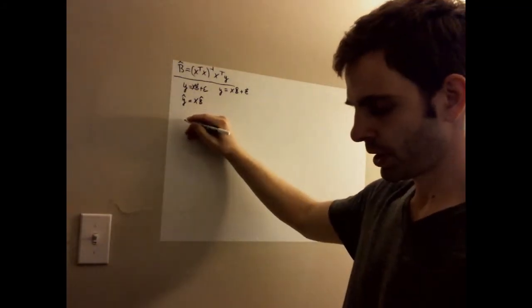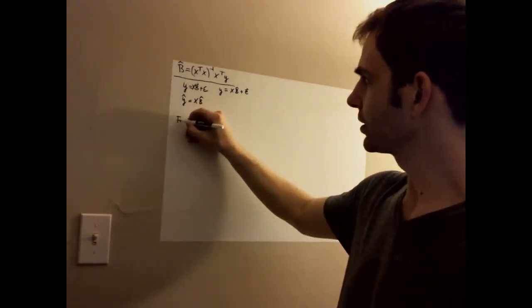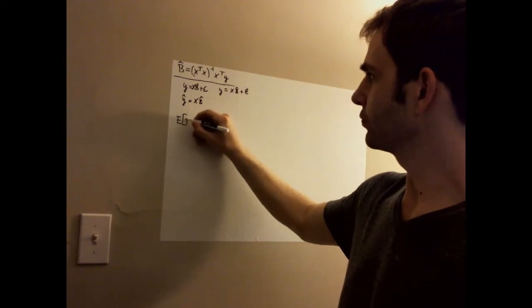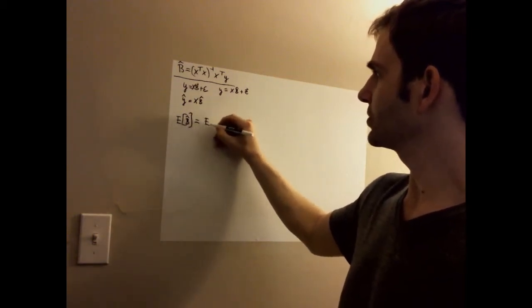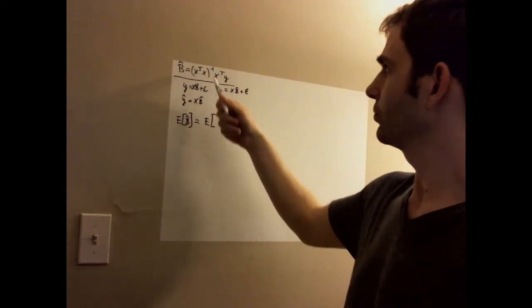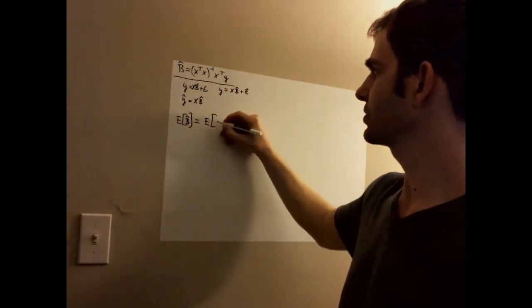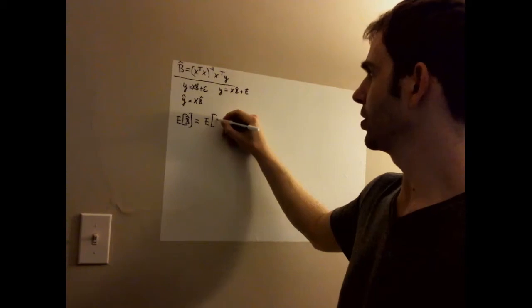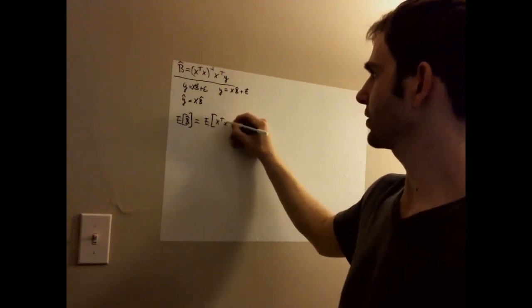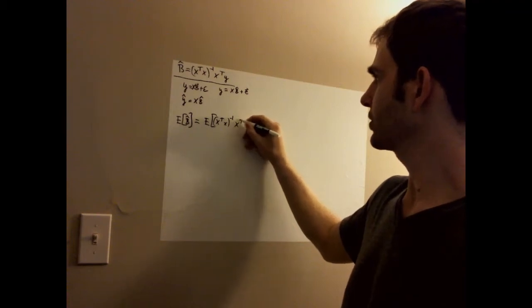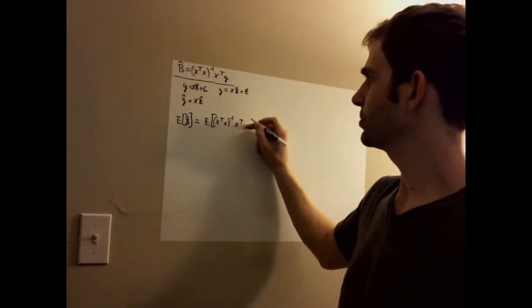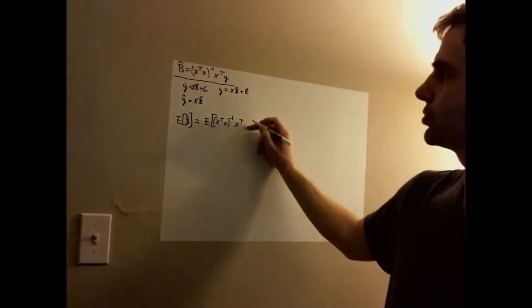So if we take the expected value of beta hat, we know that beta hat is equal to this. That's the same thing as the expected value of (X transpose X) inverse multiplied by X transpose, and this would be a y, but I want to do a substitution here.